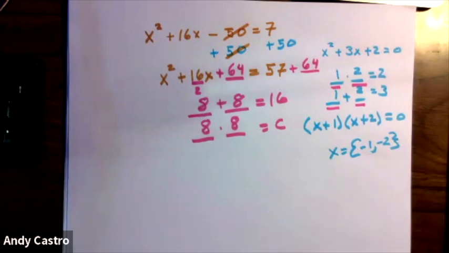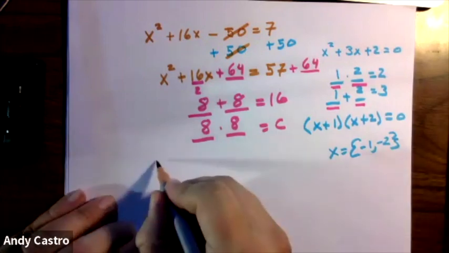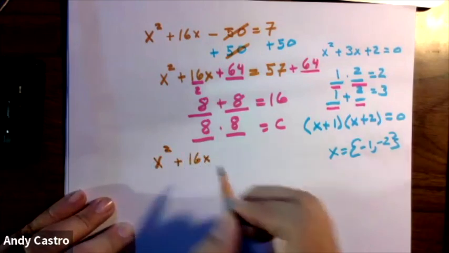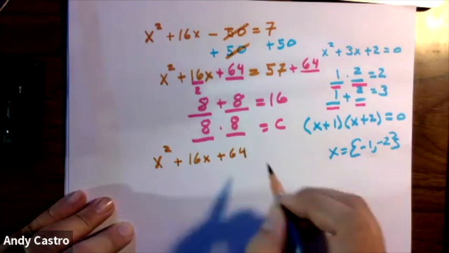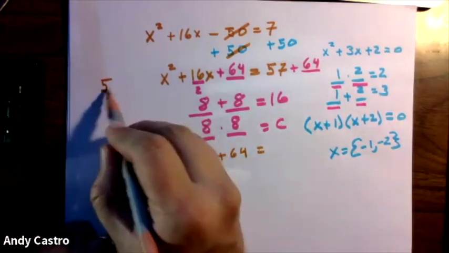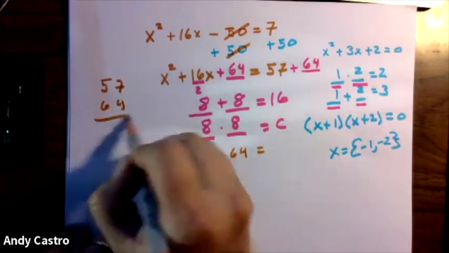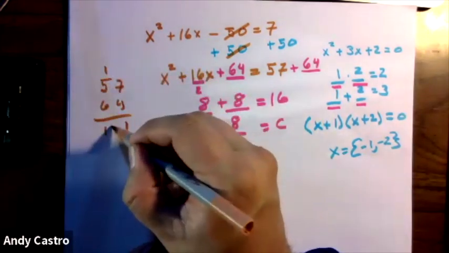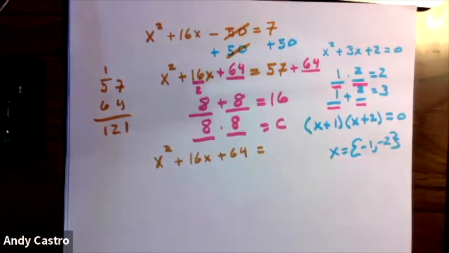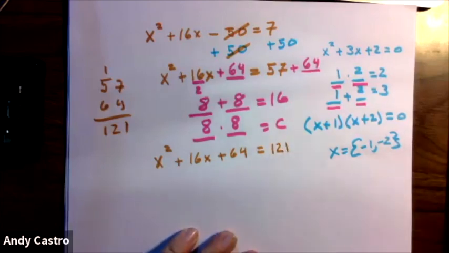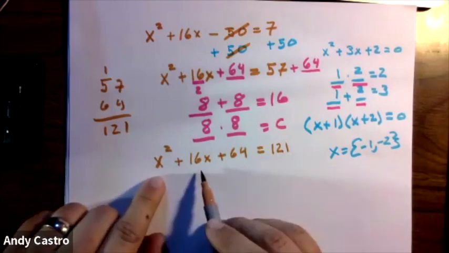So now I have x squared plus 16x plus 64, there's my perfect square, is equal to, and then let's just work out 57 plus 64 over here. 121. Yep, 121.